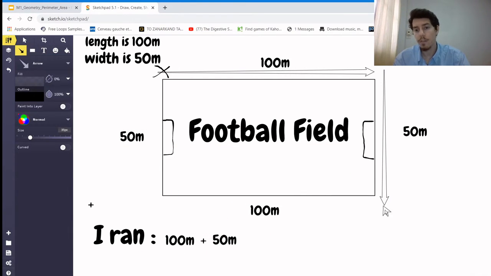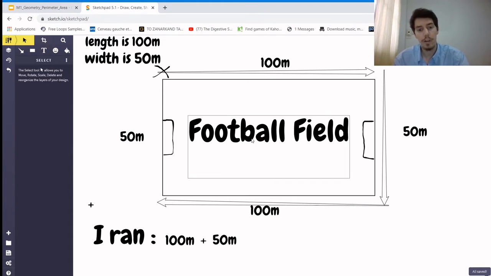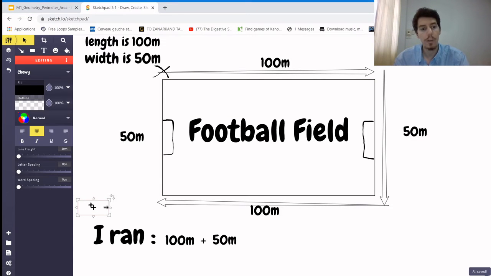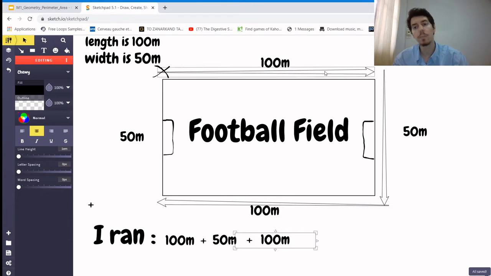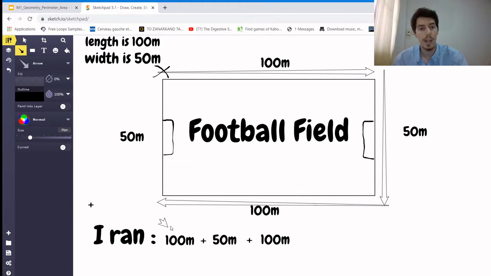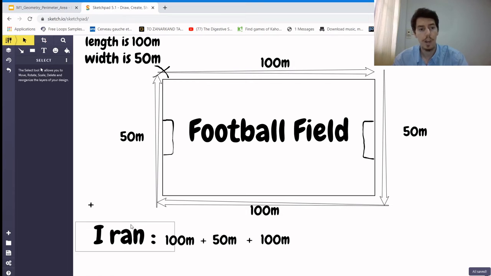I keep going now. I start from here again, go to this side here. I run 100 meters more. So now I already ran 100 meters plus 50 meters, and I run again 100 meters more. And now the last side, I run this side, that is 50 meters more.